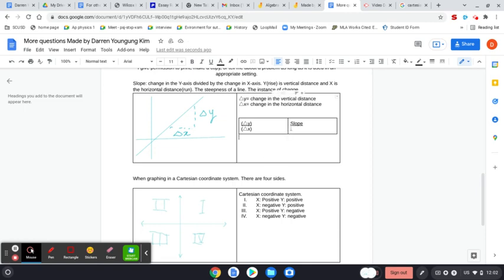So if slope is negative, then it should. Oh, so positive.